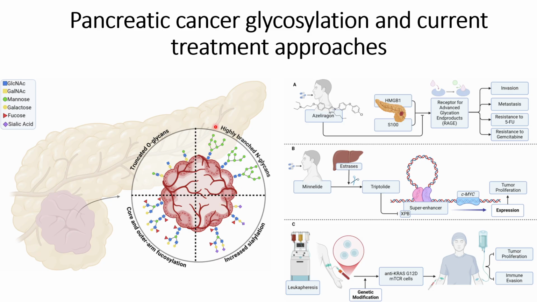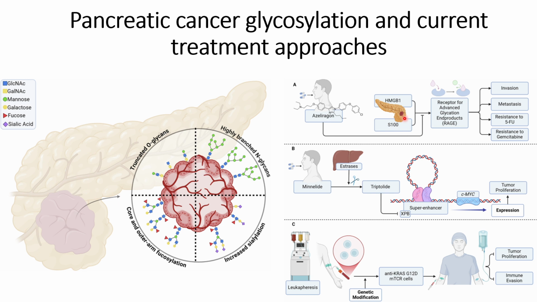About the treatment approaches, the first one is about using a drug that targets glycosylation. What it does is it competes with HMGB1 and S100 for binding to the receptor for advanced glycation end products, RAGE.